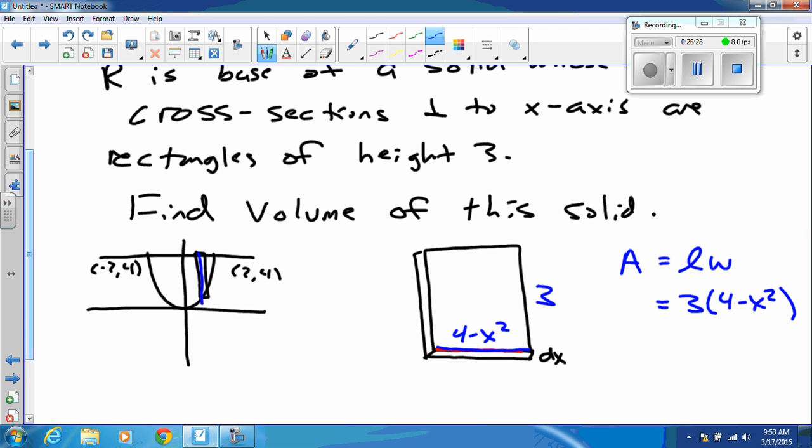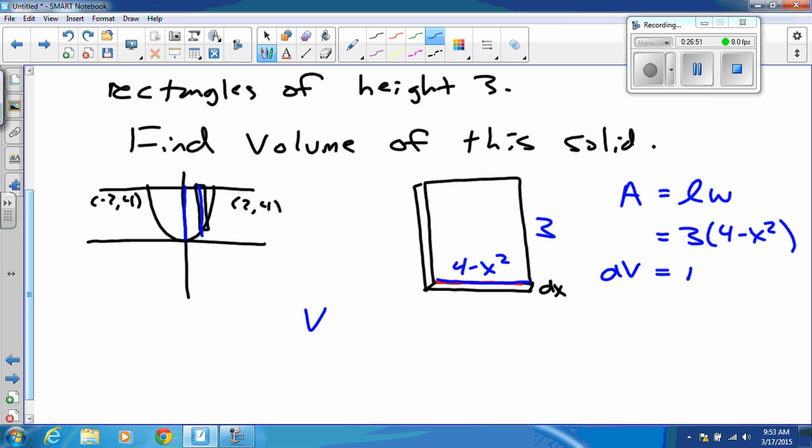And my formula tells me area of 0. Check. When x is equal to 0, my area should be 4 times 3 is 12. If I actually plug in x equals 0, I get 3 times 4 is 12, and I have the right area again. So my spot check is successful.